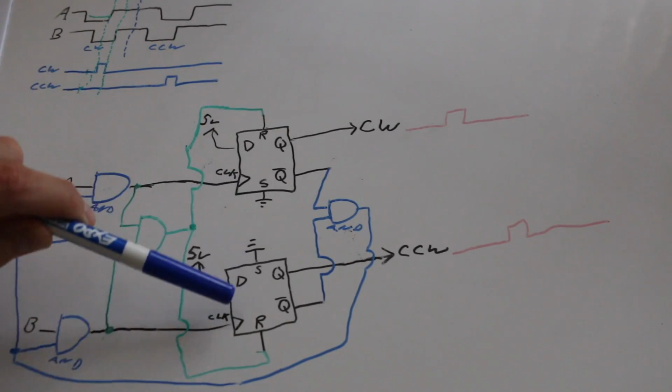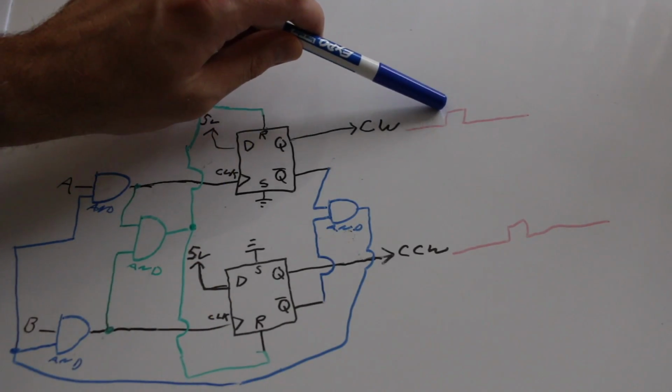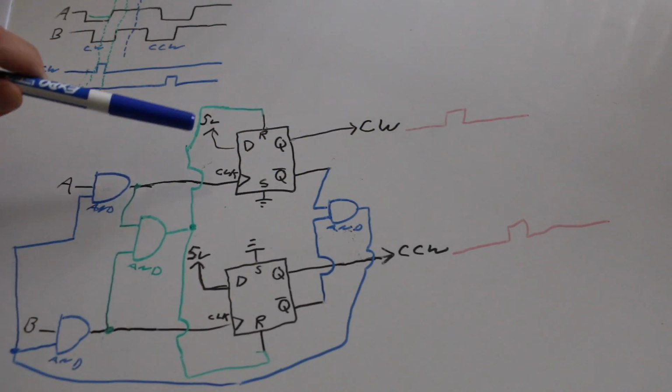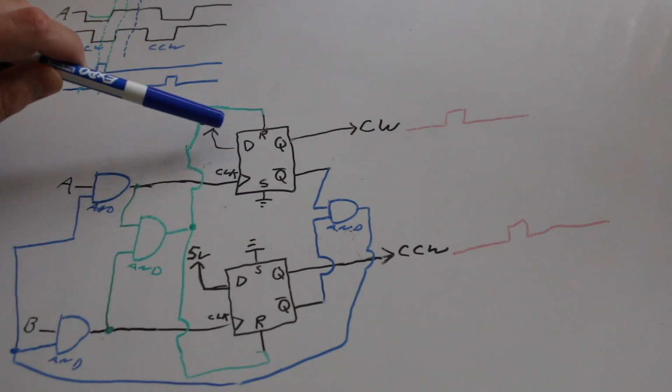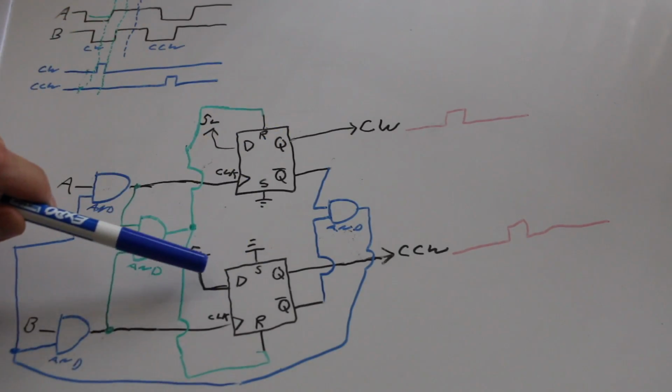Nothing is going to trigger anymore. So we've already started generating our appropriate output. We've locked out the inputs. We've latched on one of these flip-flops, a 1. All we need now is to reset everything.